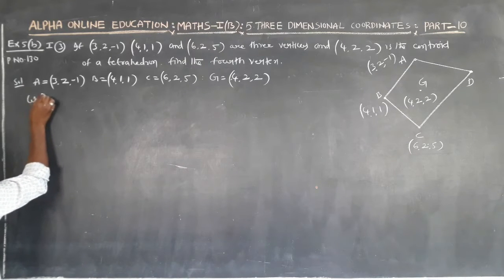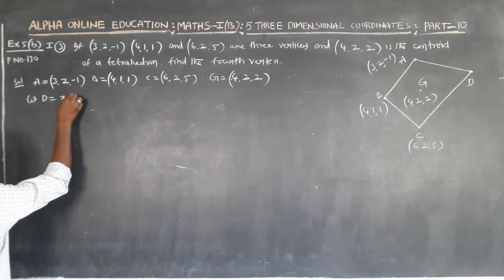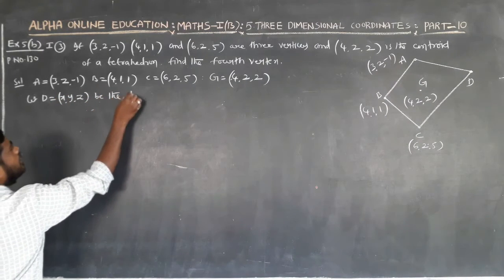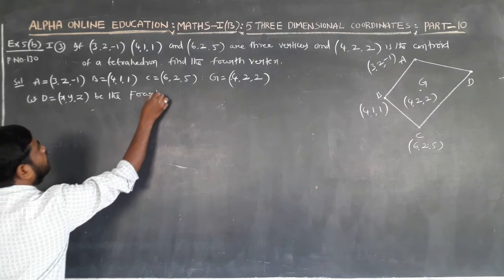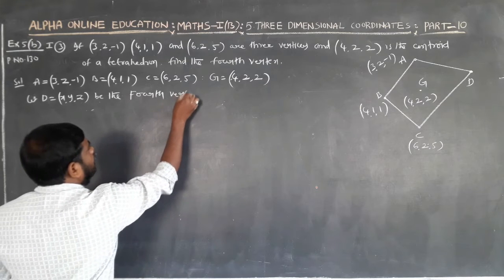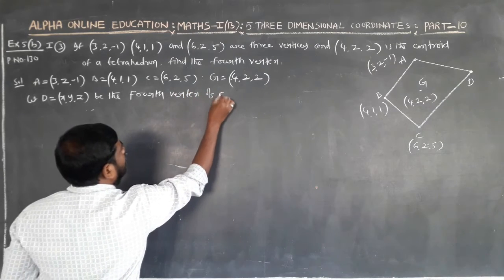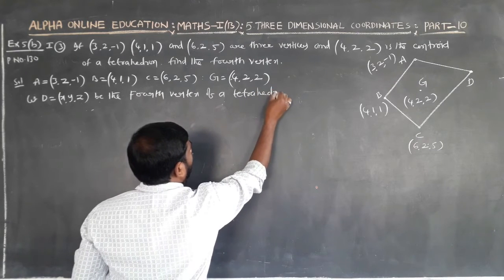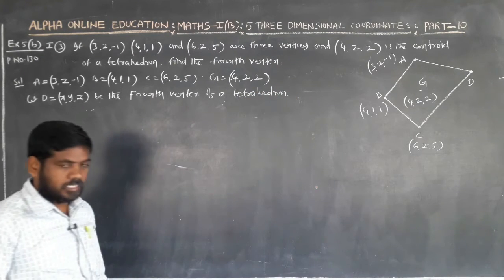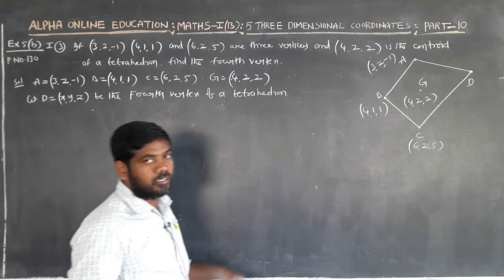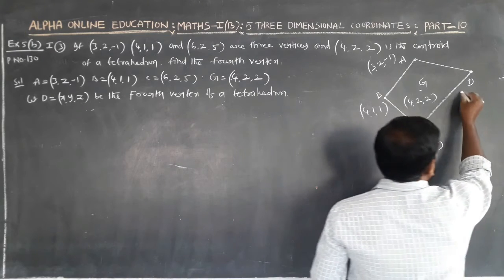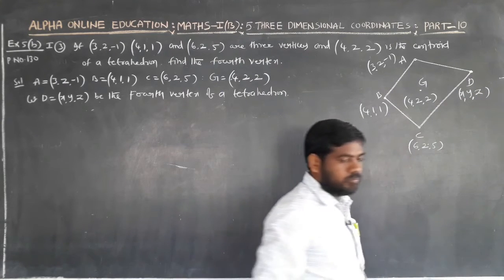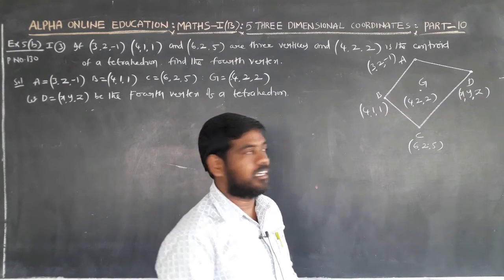Let D equal x comma y comma z be the fourth vertex of the tetrahedron.